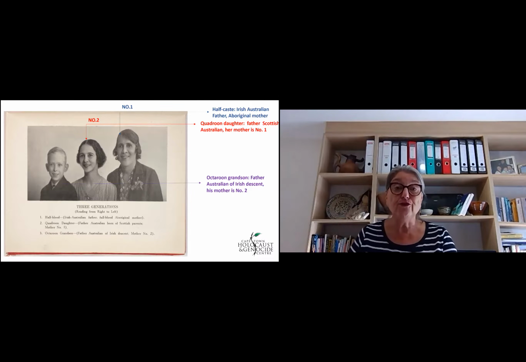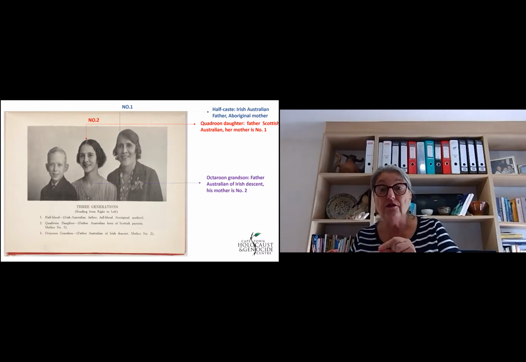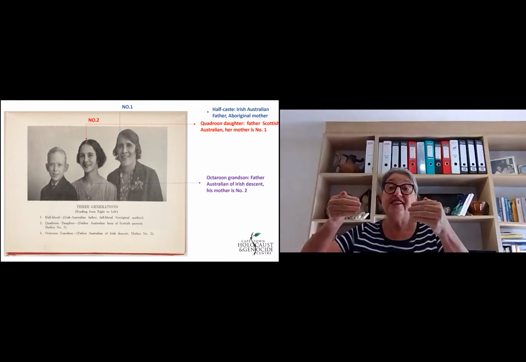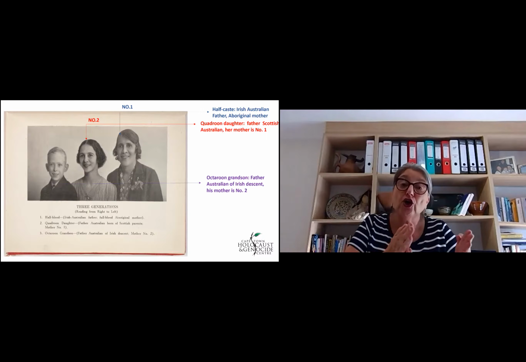Mum number two has a child with a father of Australian Irish descent, a white father. And she has this little boy who you see, whose mother is number two. And so his parents are less Aboriginal because she's now only a quarter Aboriginal, the mother, and he is called an octoroon.